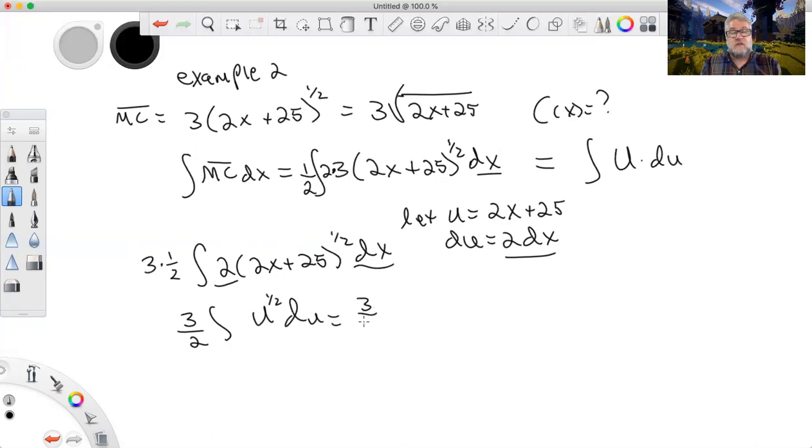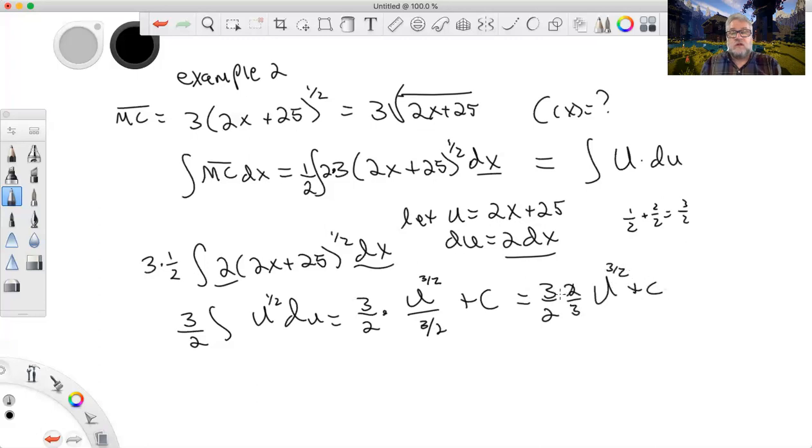And we know that's going to be, let's see, 1/2 plus 2/2, 3/2. So this is u to the 3/2 over 3/2, and the 3/2 flips and becomes a 2/3. Cancel, cancel, cancel, cancel. Yay. So I'll plug back in for u, which is right here, 2x plus 25.